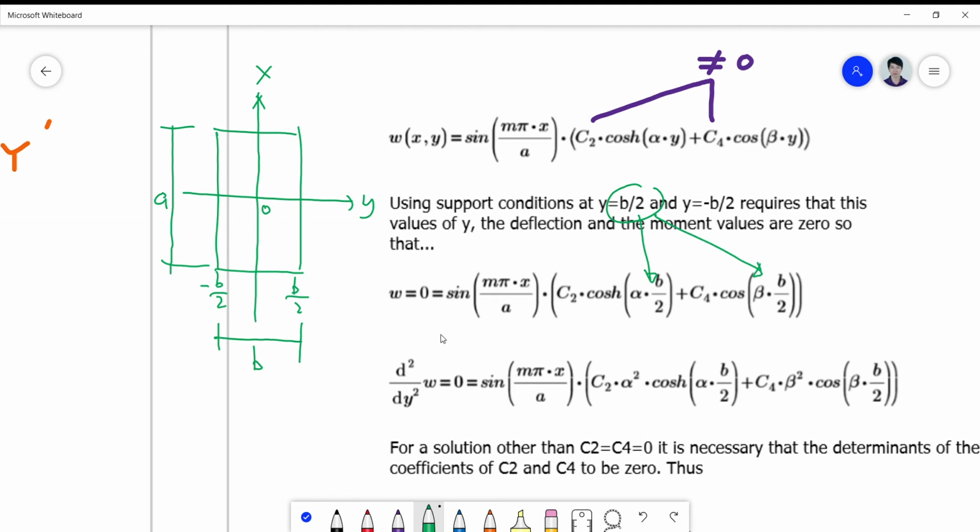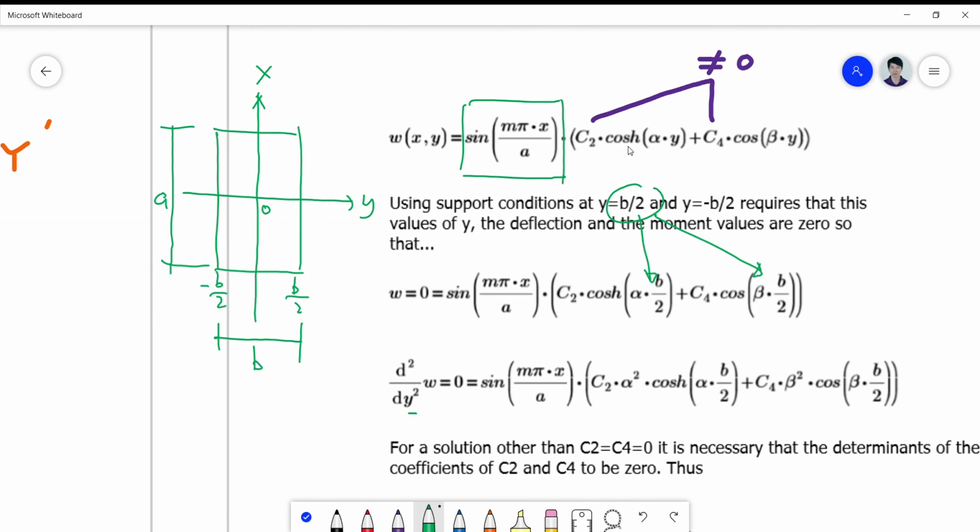So taking also the derivative of this value here with respect to y, this is now a constant. Since this is with respect to y, this becomes an x variable, so this is a constant. We don't have to worry about it.